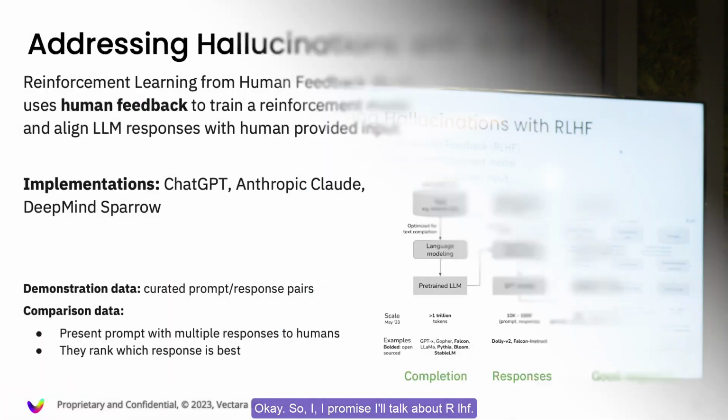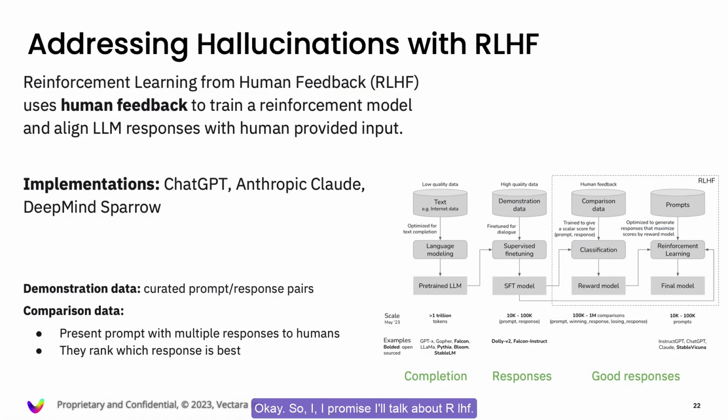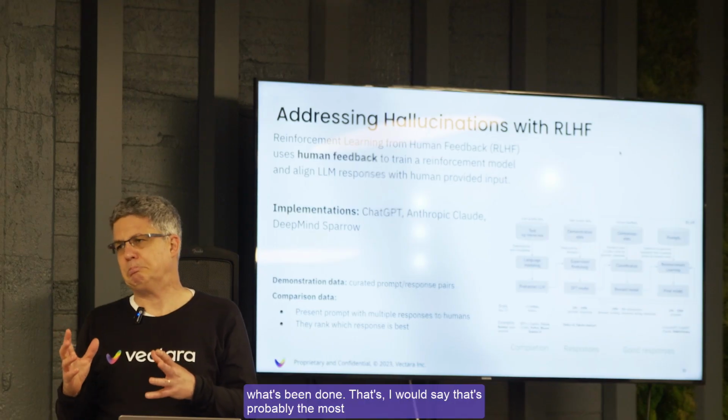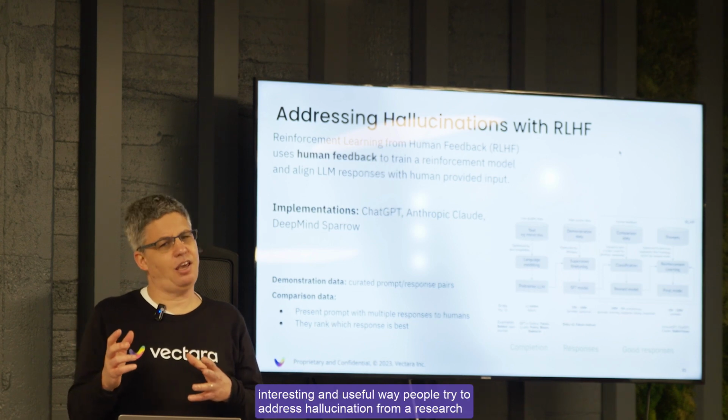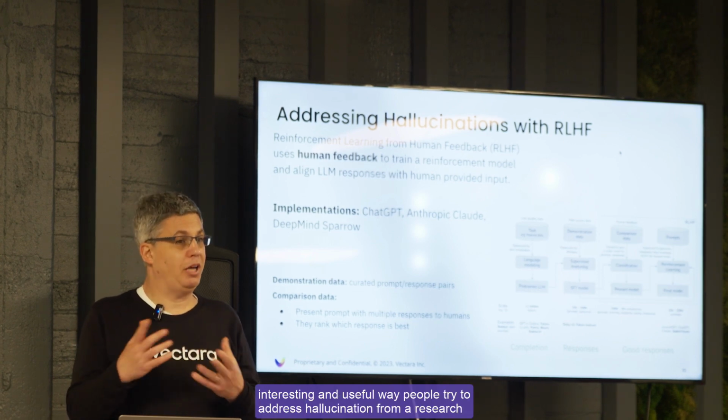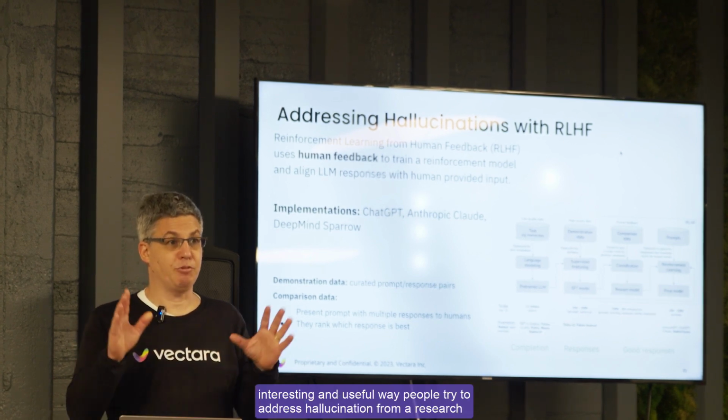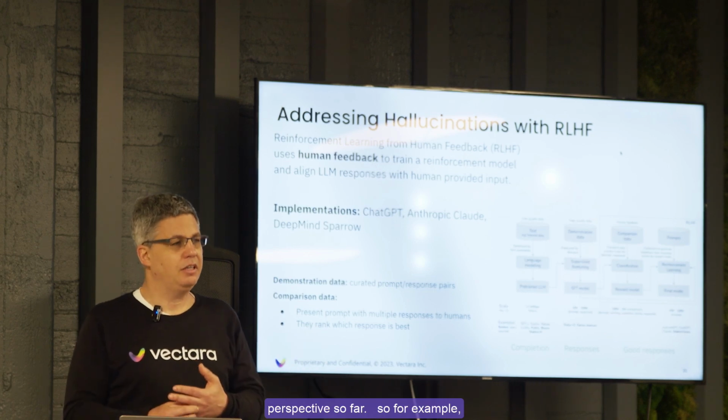Okay, so I promised I'll talk about RLHF. This is a kind of complicated topic, but I thought it's useful to go through it a little bit to explain what's been done. I would say that's probably the most interesting and useful way people try to address hallucination from a research perspective so far.